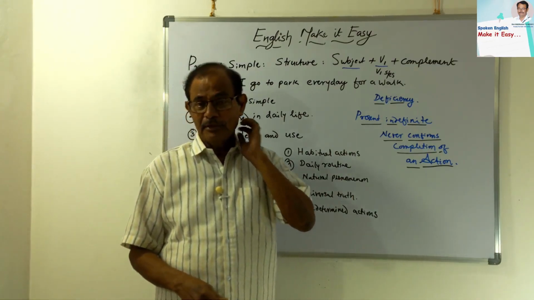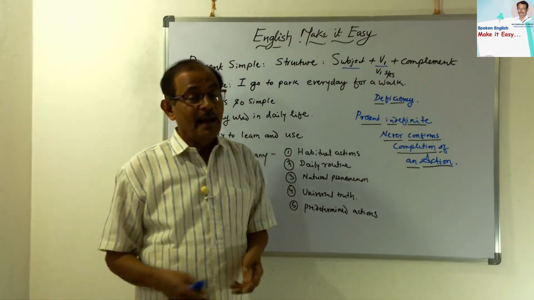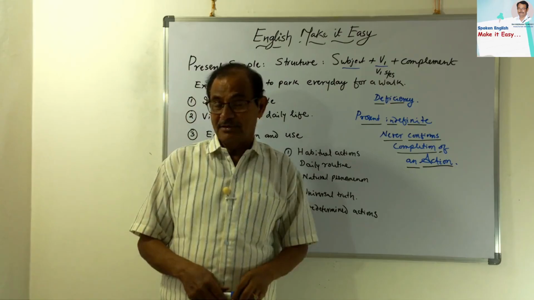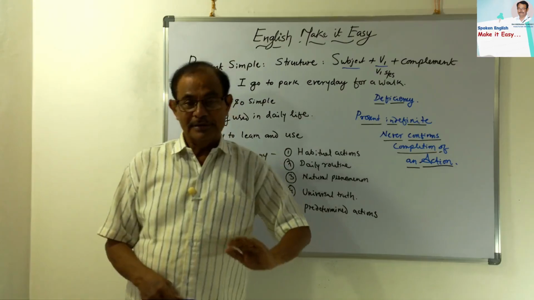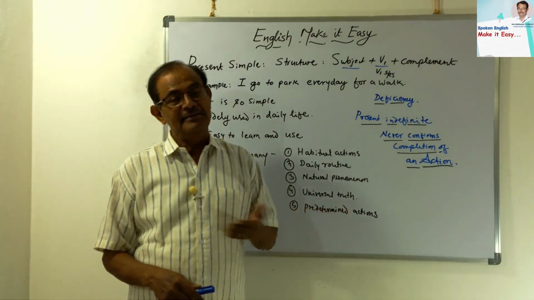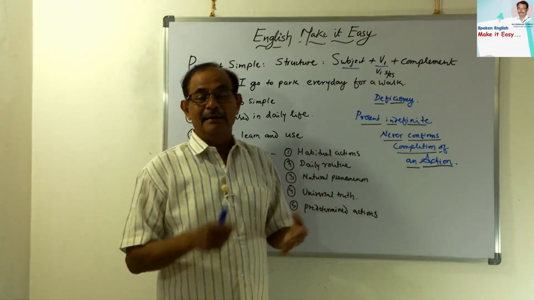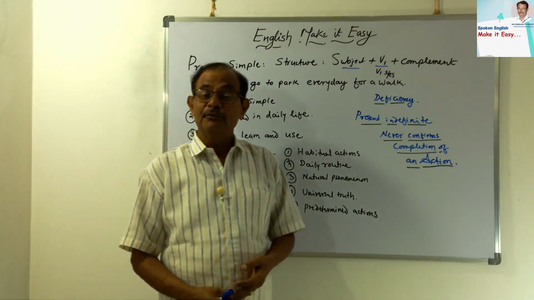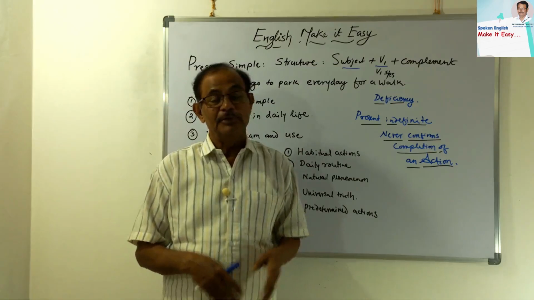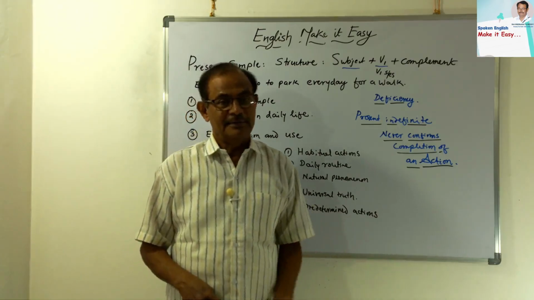In simple present you need not use auxiliaries, and in simple past, the V2 form also doesn't require any auxiliary or support. V1 and V2 are independent, while V3, the past participle form, and V4, the present participle form, are dependent on auxiliaries. That we can discuss later, not now.